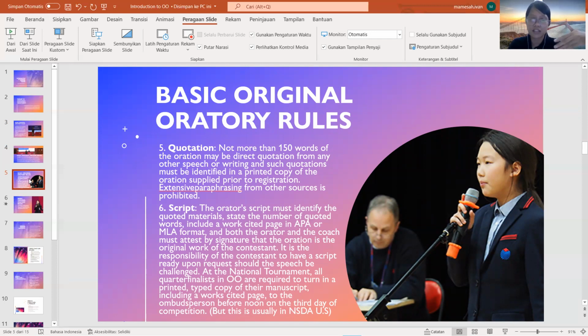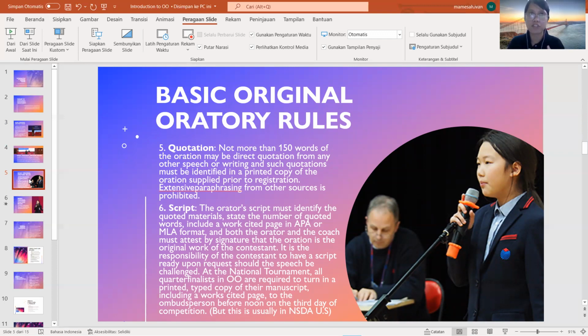The fifth and sixth part of these basic rules is actually for the NSDA America, like the district selection and competition. So this is just to prepare you for something that is much more serious. But in the upcoming tournament, you don't really need to follow something that is so rigid.